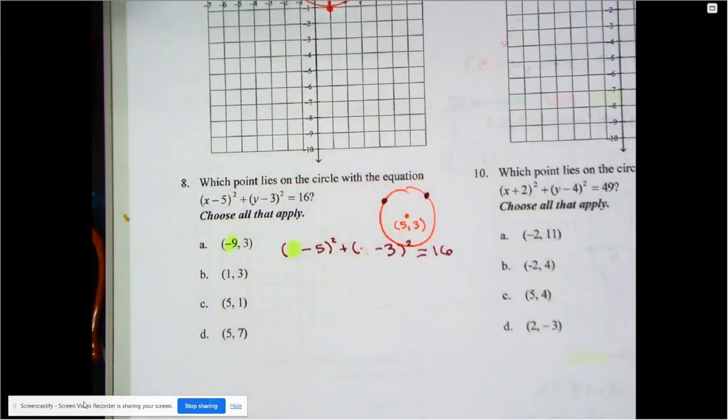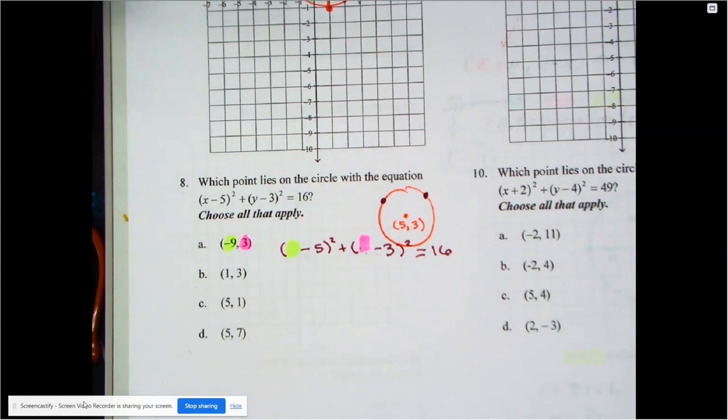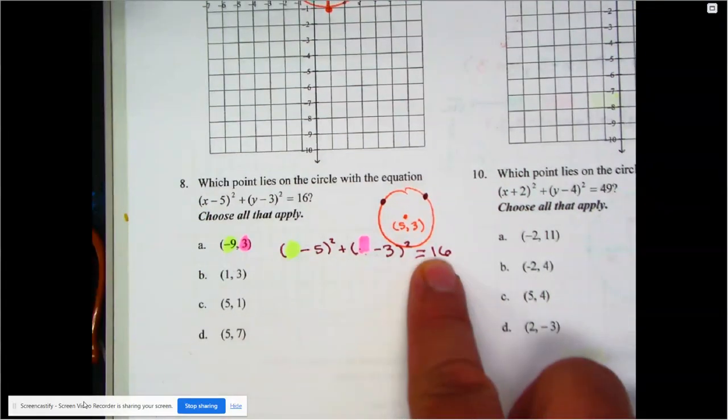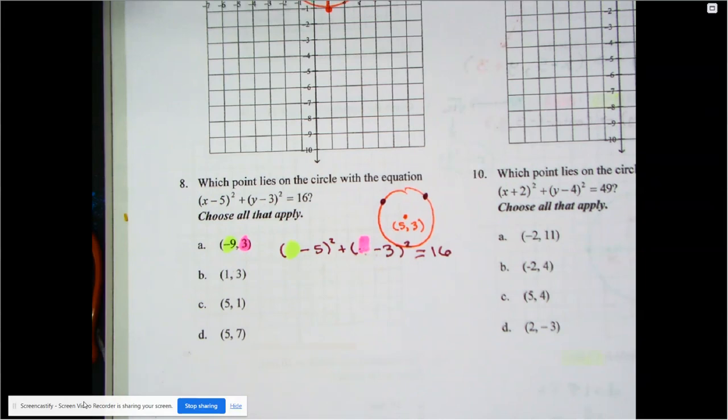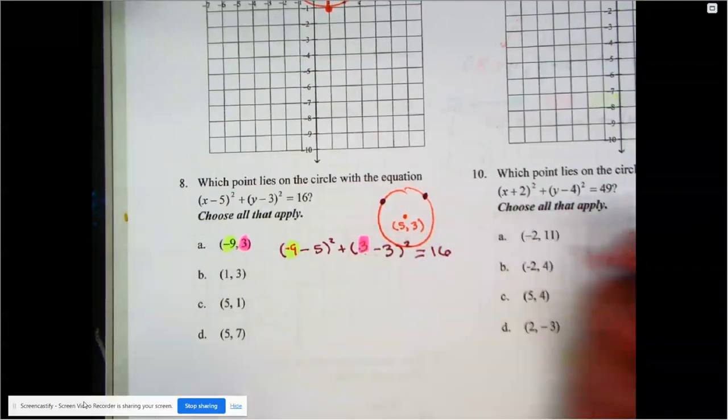I'm going to start with that one. And then I'm going to plug in a y right here. And I'm going to start with that one right there. And who's going to do all this work for me? Desmos is. Desmos can do every single one of these problems. And this is exactly what we type into Desmos. So on Desmos, I write this out. And then I'll plug in the -9 on Desmos. And then I'll plug in the 3 on Desmos.